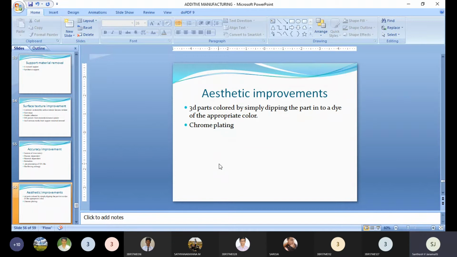Definitely the wear resistance capability will be improved, and the surface structure becomes very hard. That's the reason sometimes the customers expect chrome plating over the entire 3D product. Because of this, wear resistance will be improved and the surface structure becomes very hard. Hope you understand, these are one more post processing aesthetic improvement.